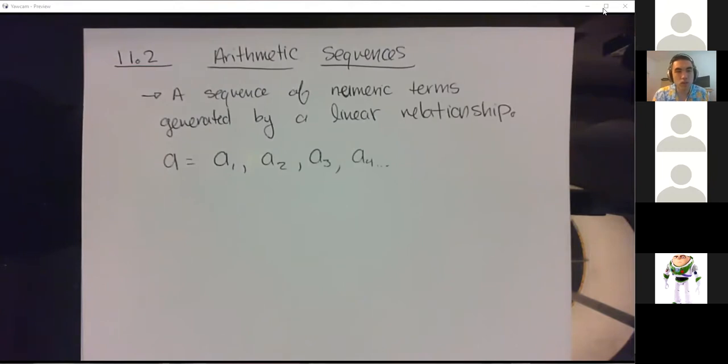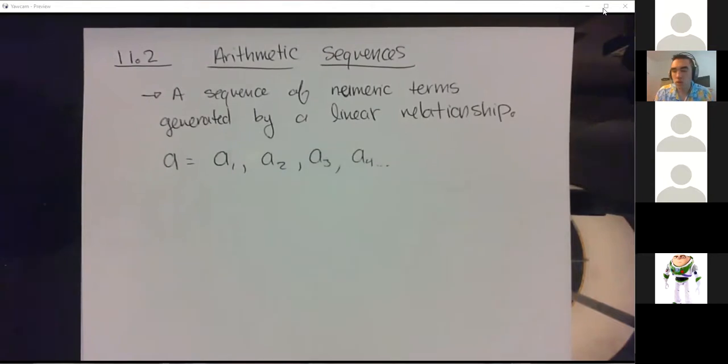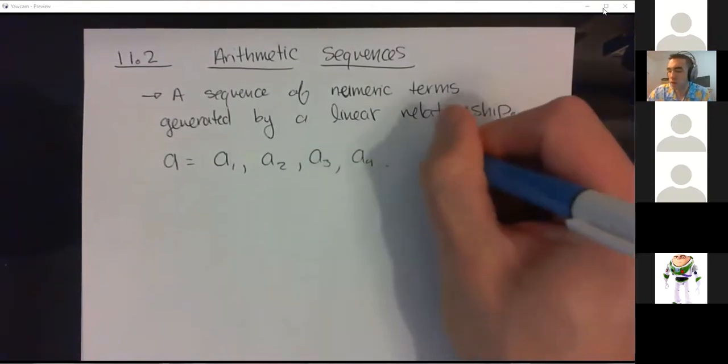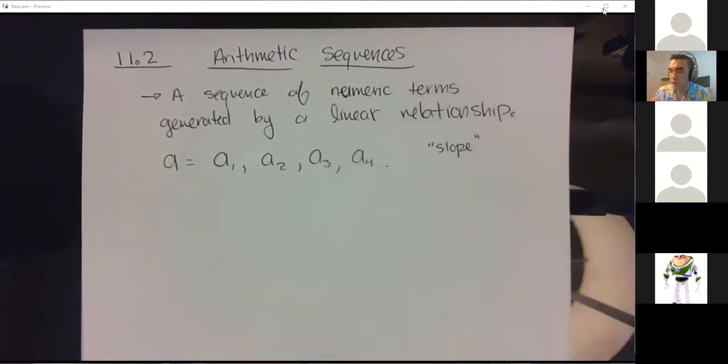However, with sequences, we don't need the same fidelity of information to clearly define this relationship, because it steps forward by 1 every single time. Keep in mind that it's not technically the slope, because this isn't the same type of relationship, but it acts as the slope.